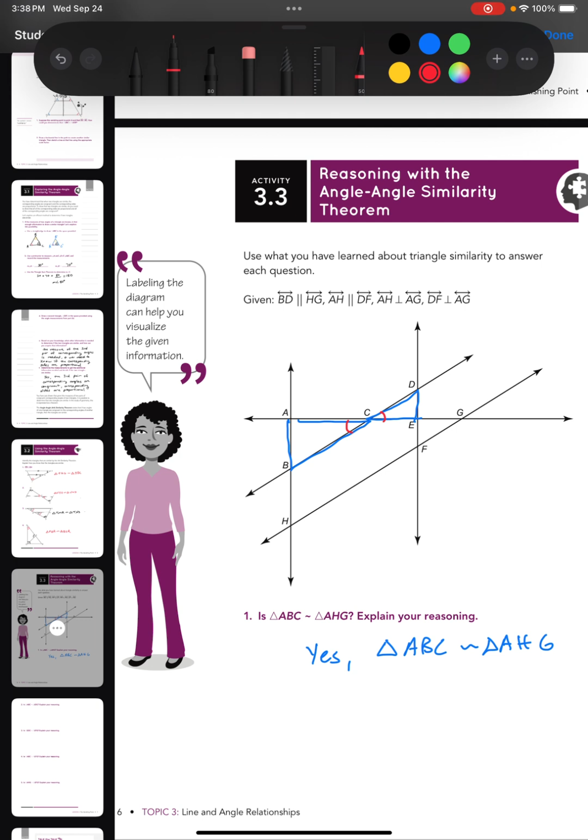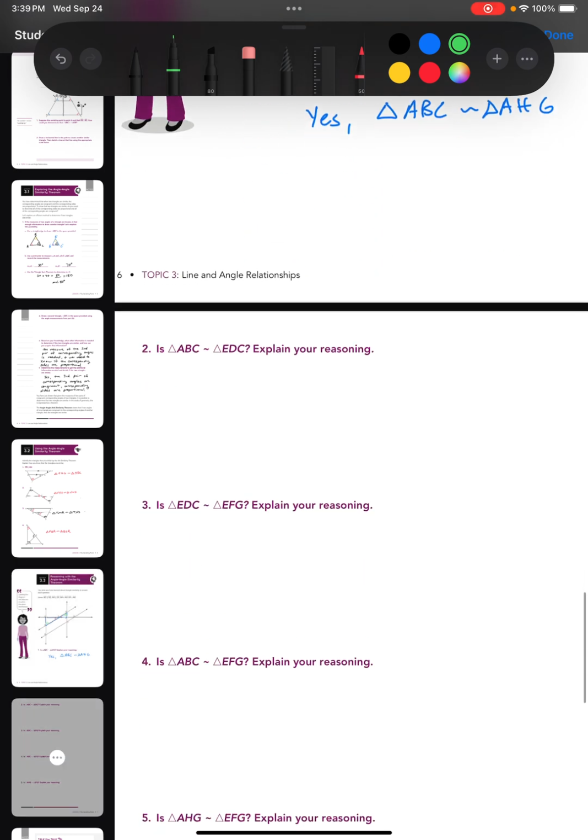We also know, based off that, angle CAB is congruent to angle CED, and angle CBA is congruent to angle CDE. So if we look at CDE, just to show you what I'm drawing out here, CDE is congruent to angle CBA. Draw 2 lines on that. So again, we have 2 angles that are congruent to each other. So yes, we can say that triangle ABC is similar to triangle EDC.